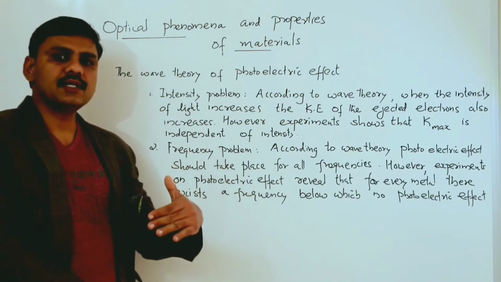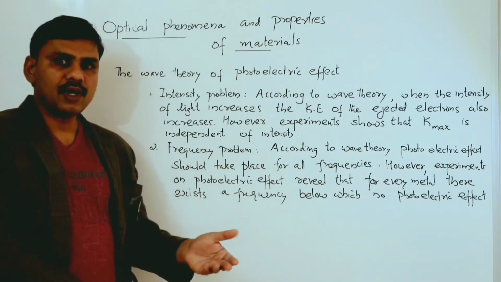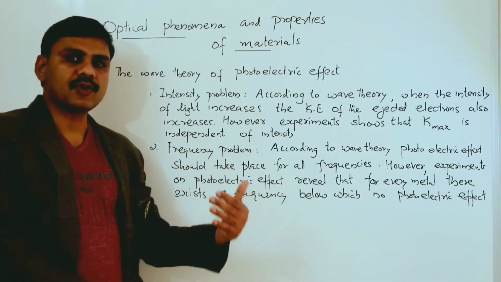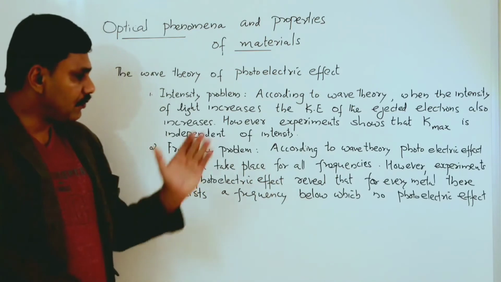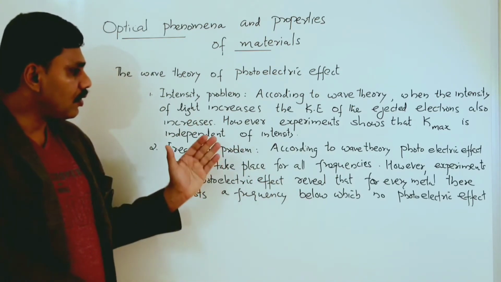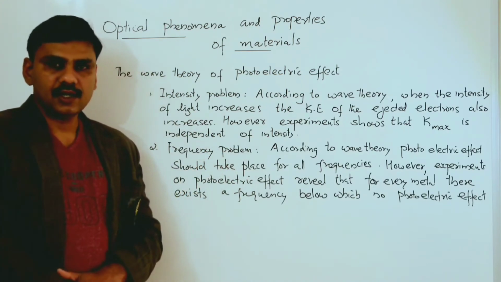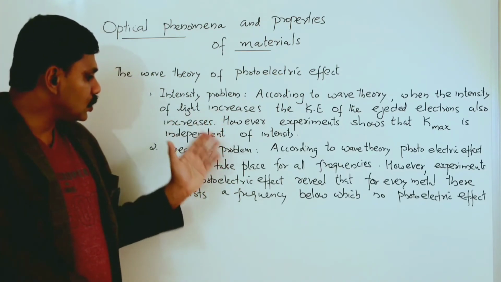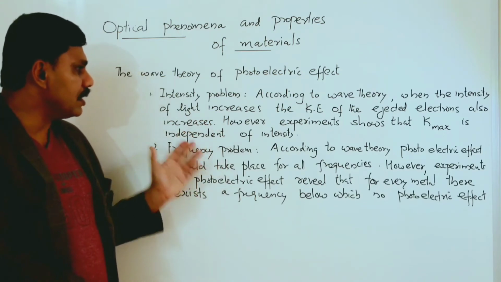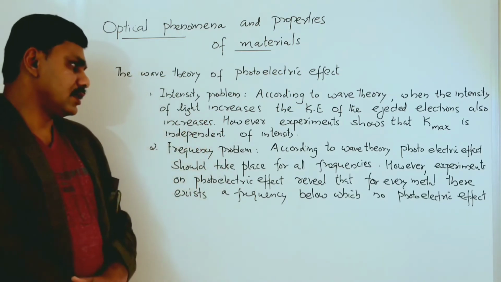Below that frequency, there will be no photoelectric effect. Only above that frequency does the photoelectric effect take place. But wave theory says that for all frequencies, the photoelectric effect takes place. It is not right. So these are the two failures of wave theory.